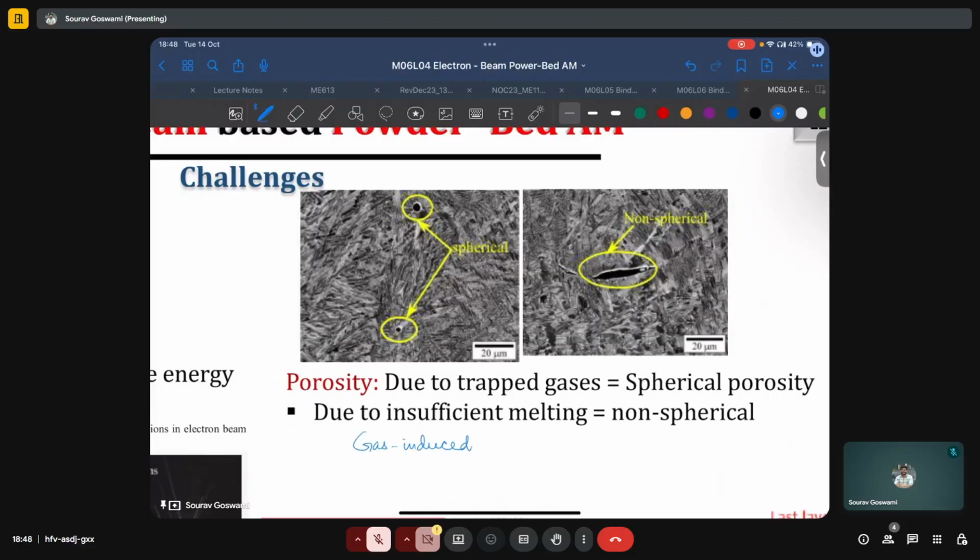For molten metals, the solubility of gases such as hydrogen is higher compared to solid metals. So when these metals are molten, they tend to dissolve gas. But when the energy source moves away and the metal solidifies, this gas will get liberated in a mushy zone, where some of the metal is still molten, while the rest of it is solidifying.